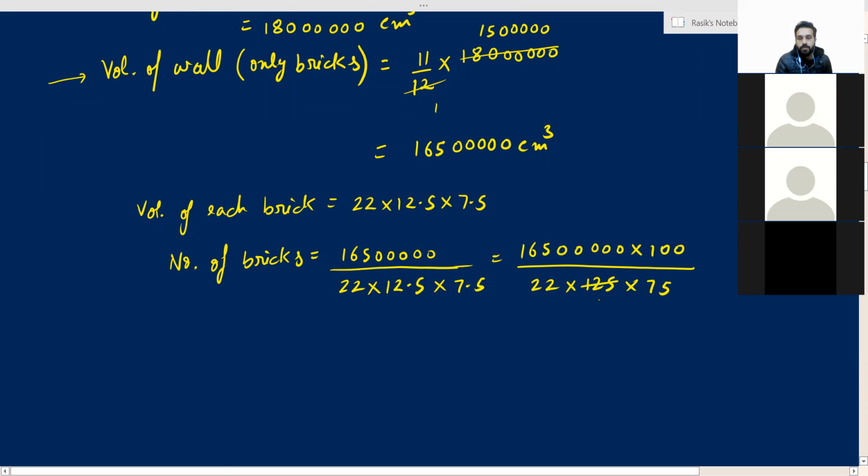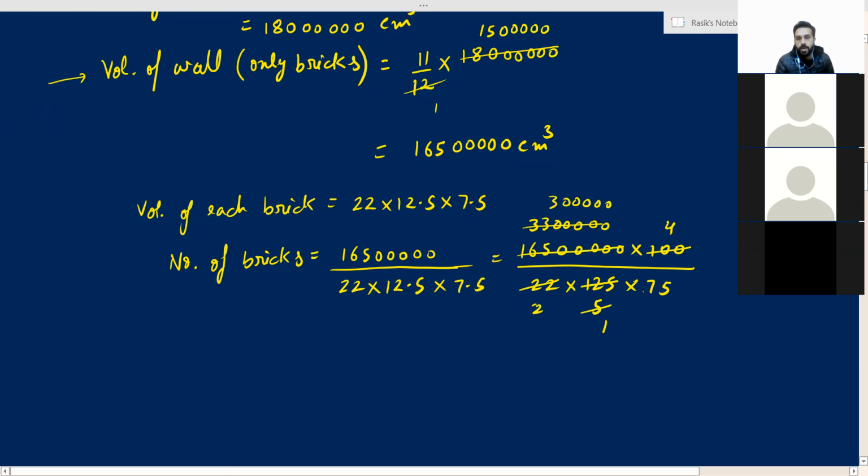Divide by 25, 5, 4, divide by 5, 3, 3, 0, 0, 0, 0, 0, divide by 11, 3, 0, 0, 0, 0, 0.